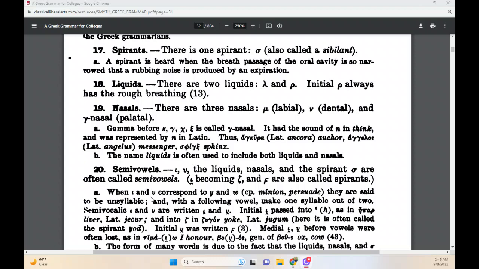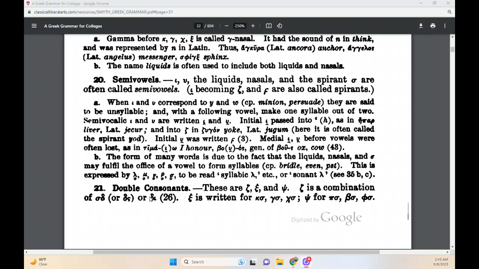All right? Now we've got some notes here under Article 20 on iota and upsilon.